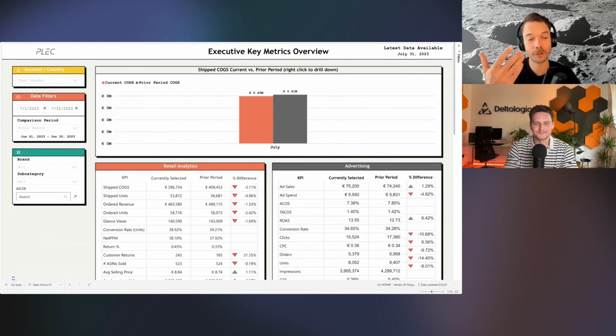To easily know what kind of period you're comparing to, it always shows what the actual comparison period is. So you can be sure that you know what kind of data you're looking at. Then in the next box, you can choose between brands that you have.